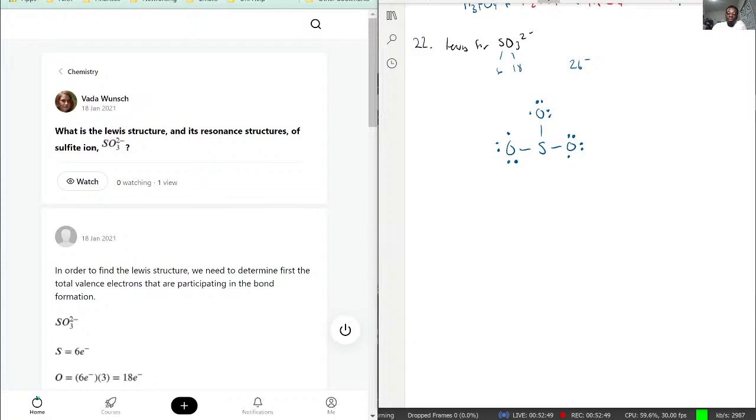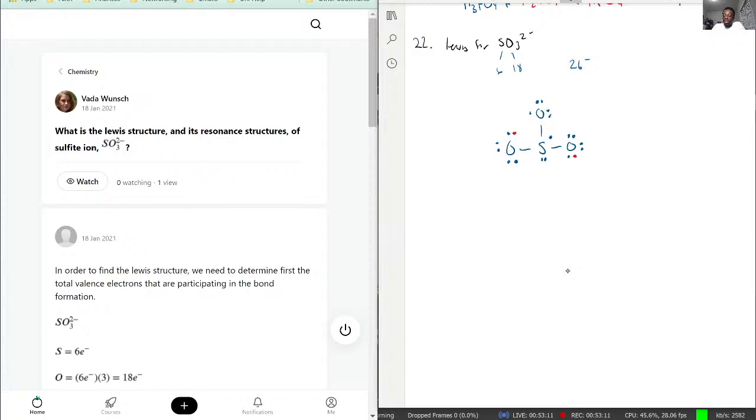The sulfur is sharing 3 of its 6, so it'll be 4, 5, 6, something like that. And it is 2 minus, so I will go ahead and add those 2 minus to make sure this one doesn't need a bond anymore and this doesn't need a bond anymore. So what's happening now is that these 2 unpaired electrons will come together to form a bond.